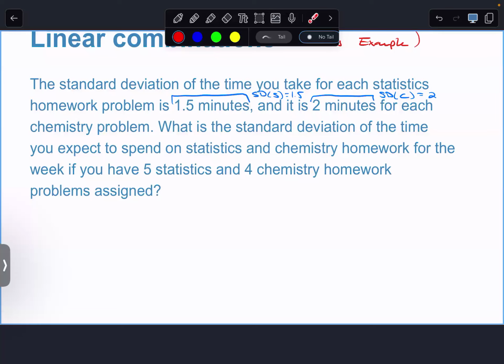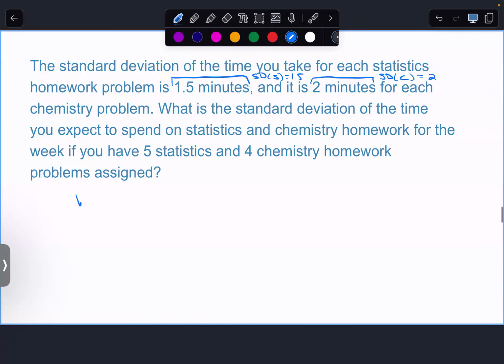We want to find the variance of S plus S plus S plus S plus S, 1, 2, 3, 4, 5, plus C plus C plus C plus C, which for random variables is not the same as 5S plus 4C.